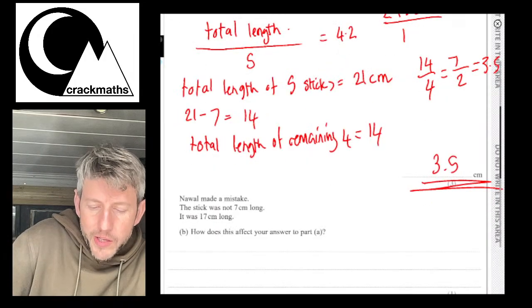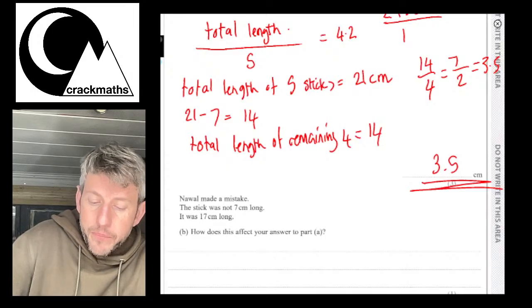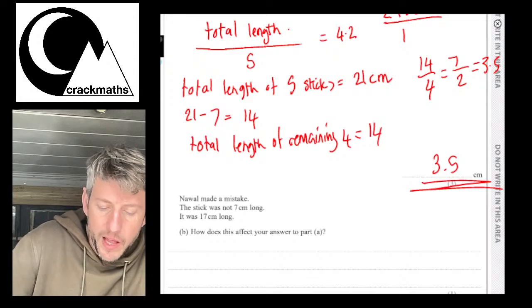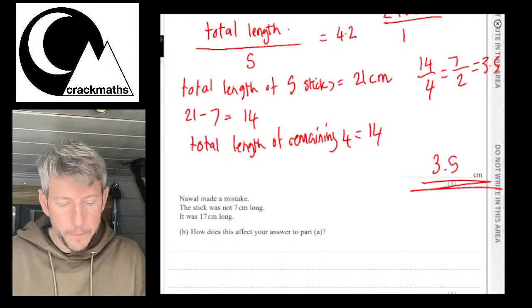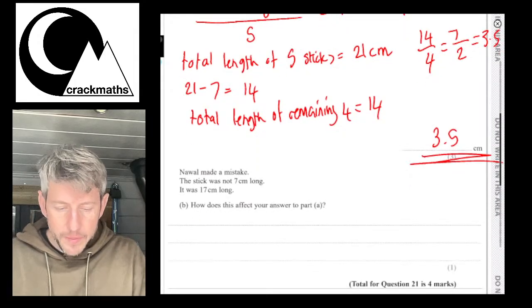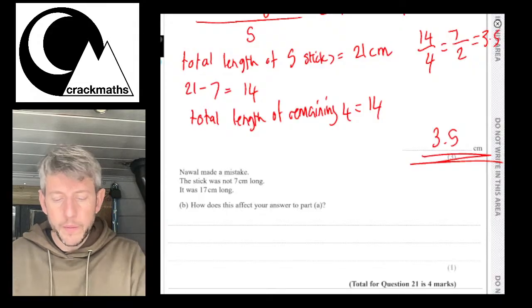Whew! Nawal made a mistake. The stick was not 7 centimetres long, it was 17 centimetres long. How does that affect your answer to part A? Well, it means that the mean for the other 4 sticks is going to be a lot shorter.